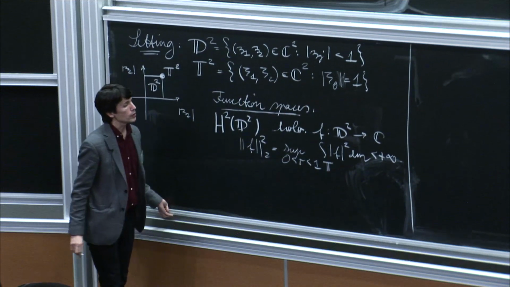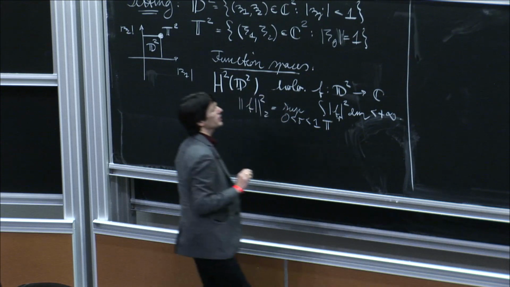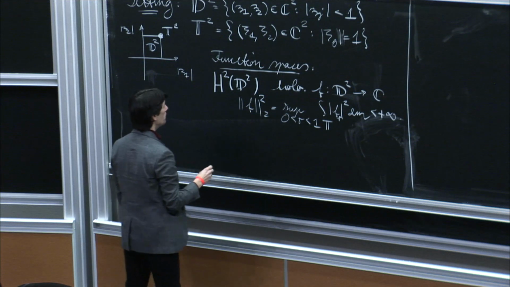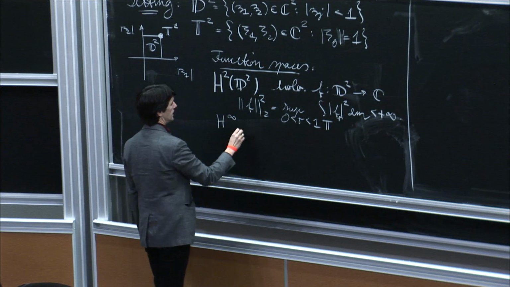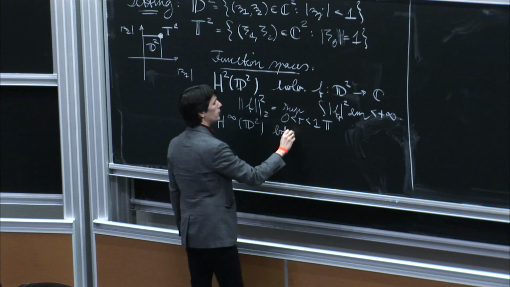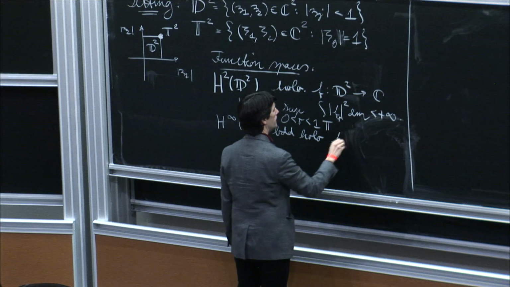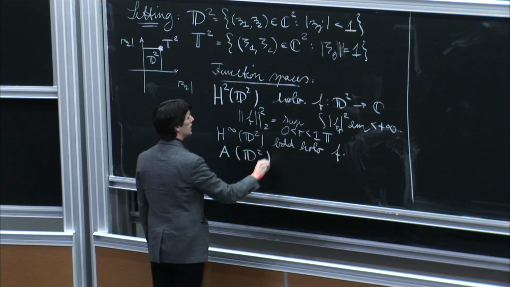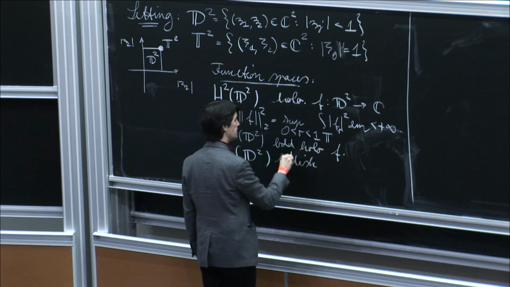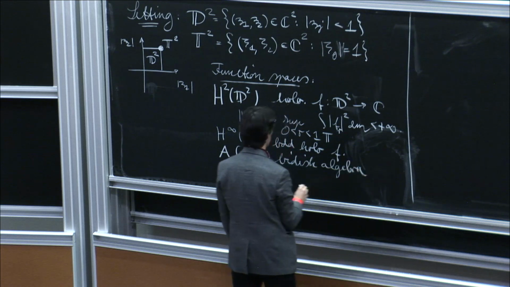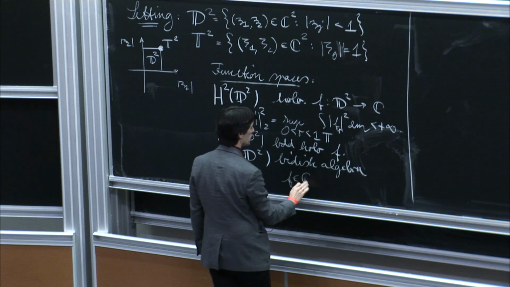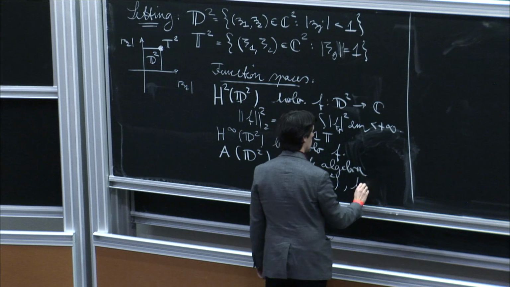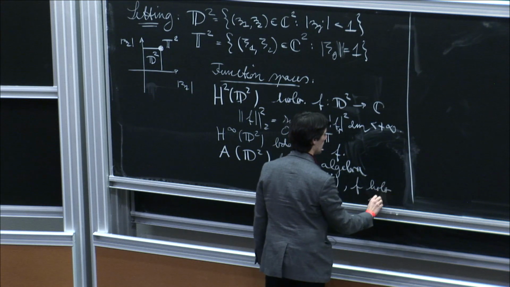We ask that the supremum over r of the L2 norm of the radial dilates of f be finite. H infinity of D2, these are the bounded holomorphic functions. And we will also use the notation A of D2 to denote the bidisk algebra. So these are functions that are continuous on the closure and holomorphic in the bidisk.